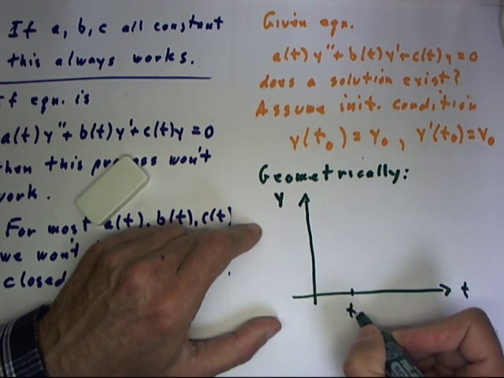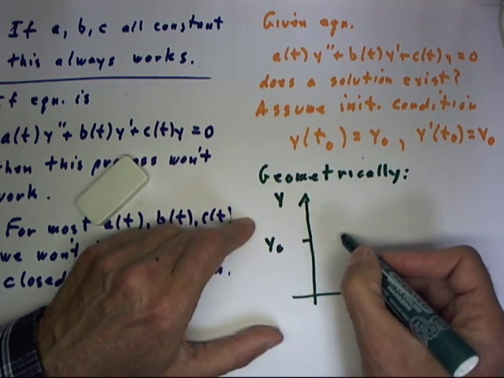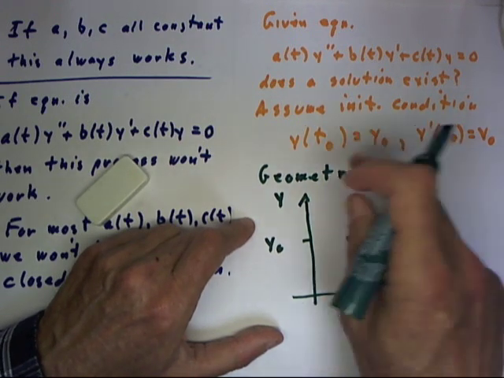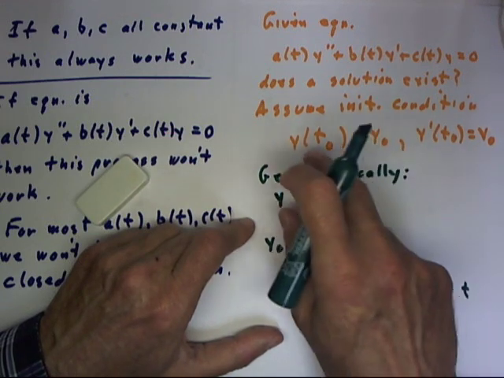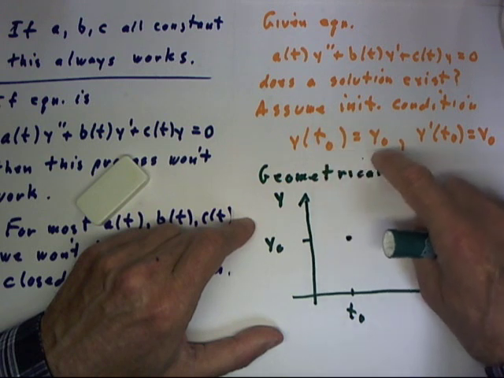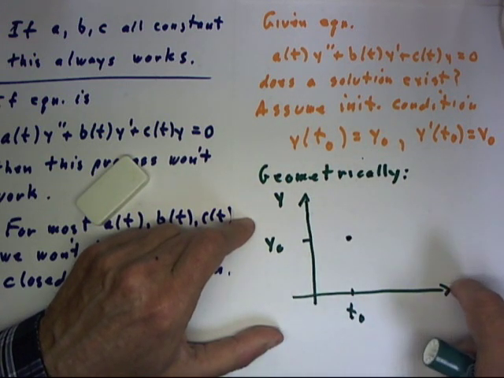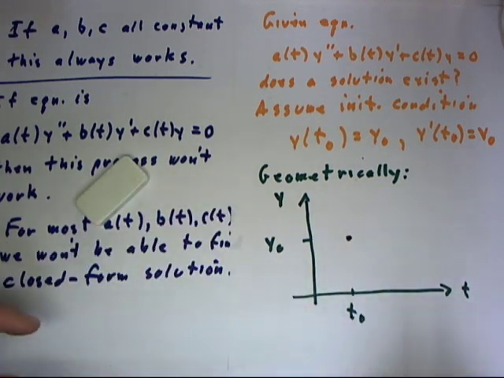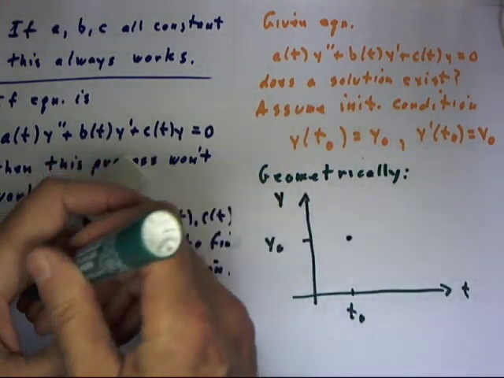We have some coordinate t naught at which the solution function takes the value y naught. In other words, the point t naught, y naught is a point on this graph. That's what it means. To say that y of t naught equals y naught is simply to say that on a graph of y versus t we have the point t naught, y naught. And we can label that point.